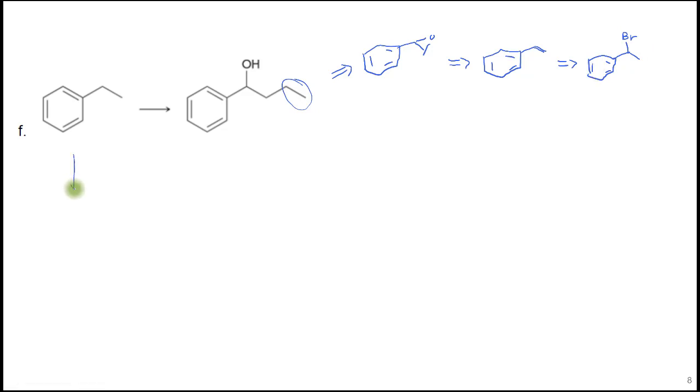So in the forward direction, NBS. I'm going to do an elimination with any base. There's only one beta proton there. Make my epoxide.